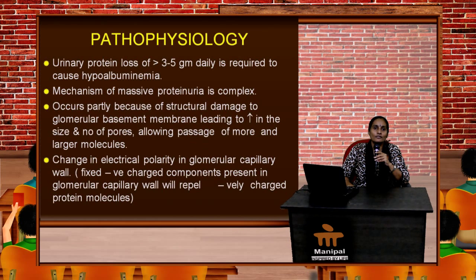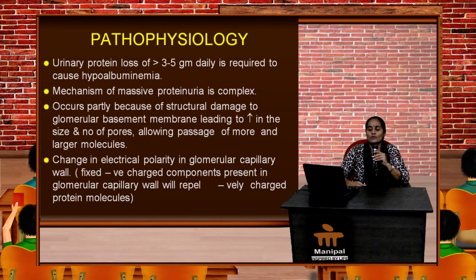Now coming to the pathophysiology of nephrotic syndrome, patients will have a urinary protein loss of more than 3.5 grams of albumin per day, and that is the main cause of hypoalbuminemia. In fact the mechanism of this kind of massive proteinuria, where albumin is the main protein, is complex.